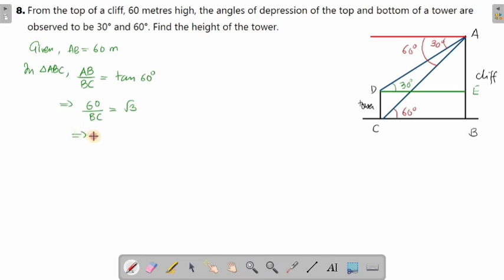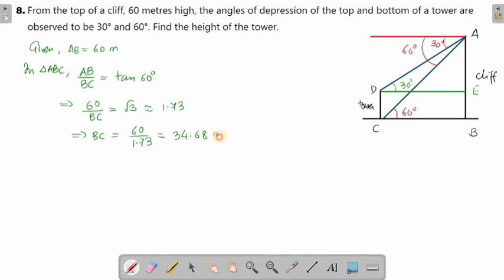So from here, BC is equal to 60 by tan 60 degrees. Let me write tan 60 degrees as 1.73. When you do the calculation, 60 by 1.73, you get 34.68.